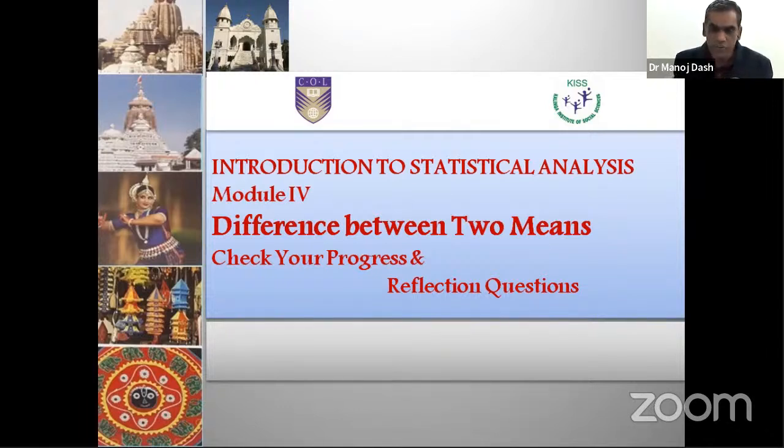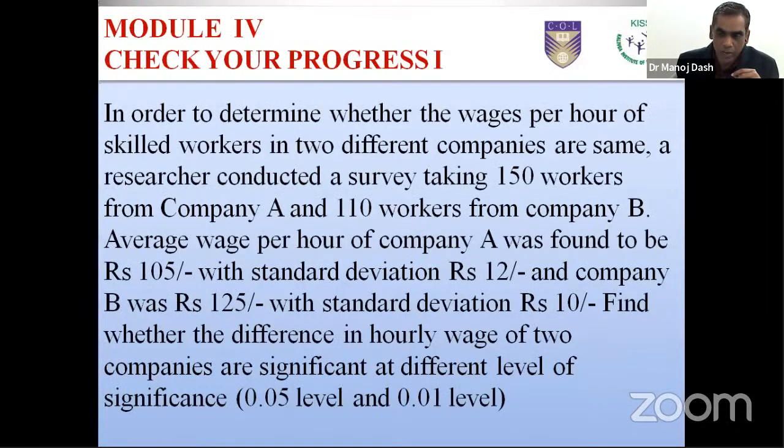Now, first of all, look into question 1. This is your check your progress question number 1. I hope you have gone through the module, and many of you must have tried and solved it. Now, based on the given information, we are trying to find out what is given in the question: to determine whether the wages per hour of skilled workers in two different companies are the same.